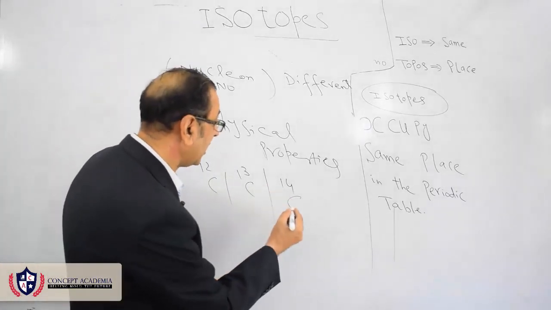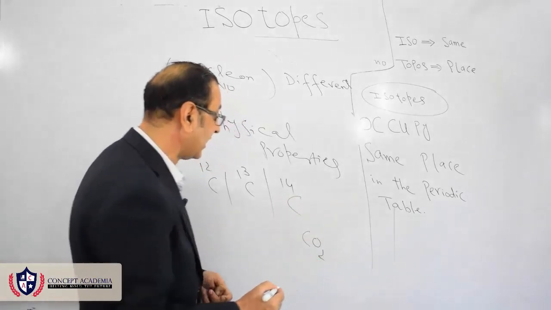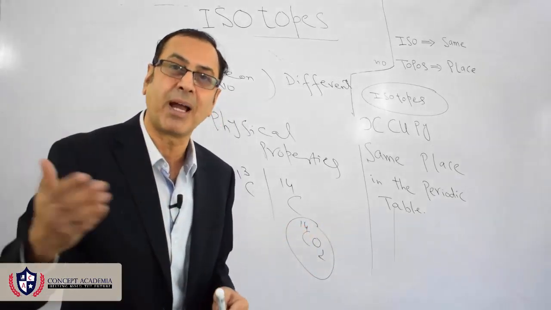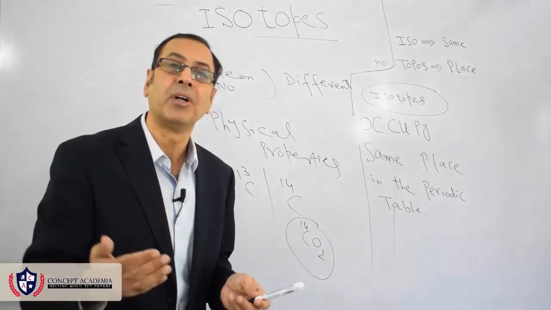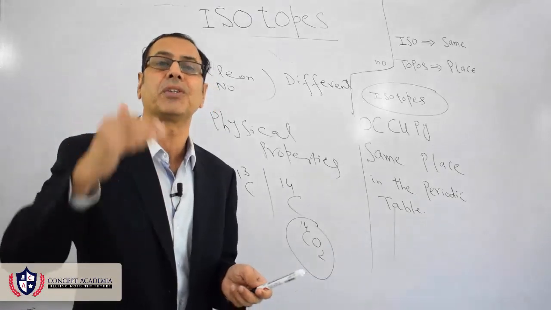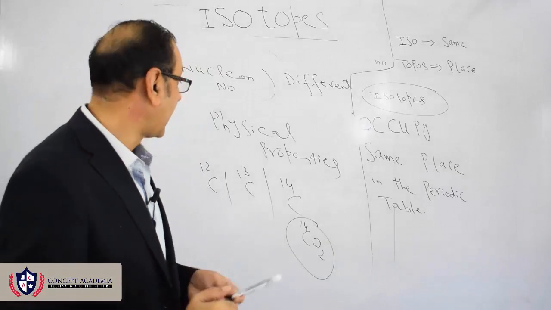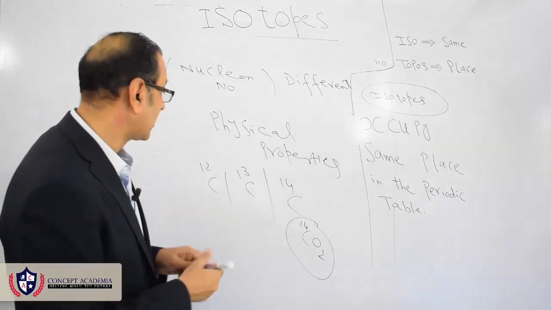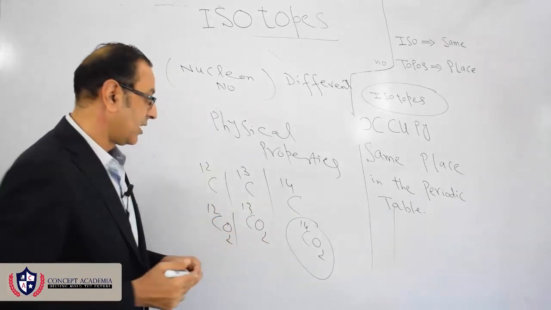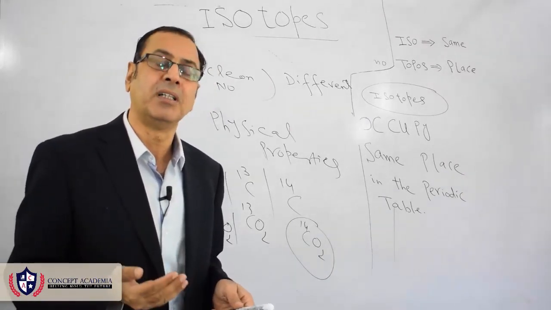For example, if I convert this carbon into carbon dioxide gas, the carbon 14 gas has a higher mass because its nucleon number is more. So its rate of diffusion will be smaller as compared to the carbon dioxide made from carbon 13 and carbon 12. So the physical properties depend upon the nucleon number.